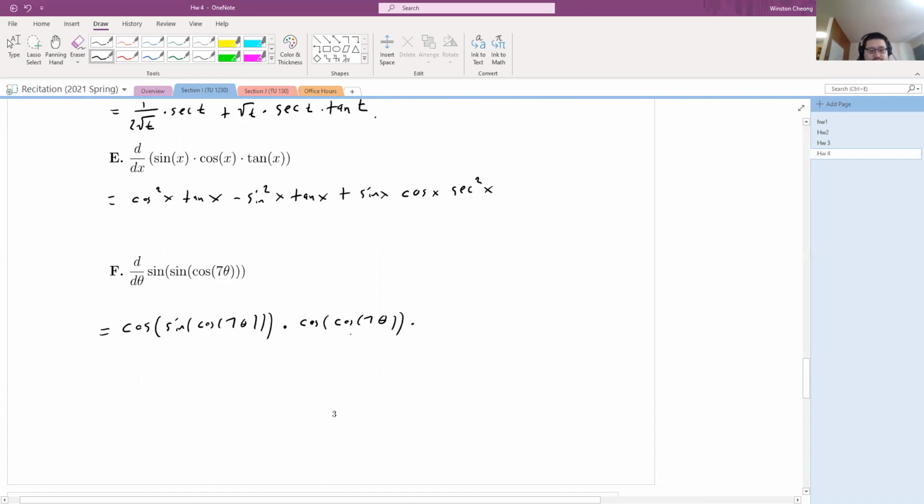And now we look at its inner function, which is cosine 7 theta, and that is what we need to take the derivative of. Cosine is the outermost function, so I'm taking the derivative of cosine, which is negative sine, so we have negative sine. And then we just copy down the inner function, which is 7 theta. And then I'm taking the derivative of the inner function, which is 7 theta. Derivative of 7 theta is just 7.